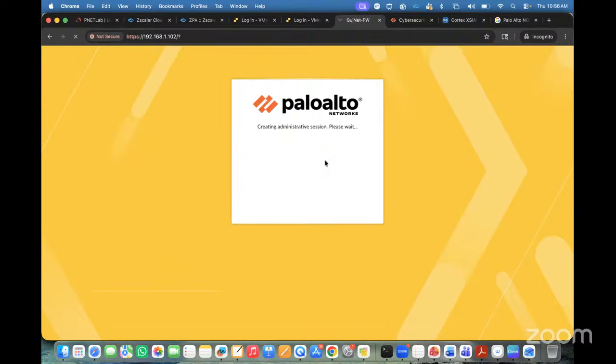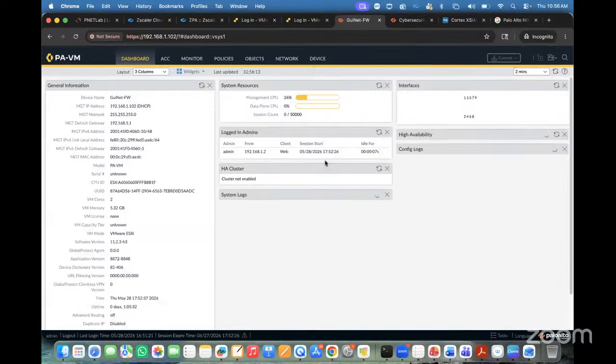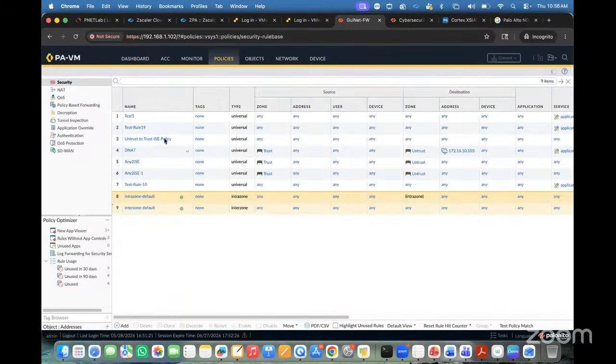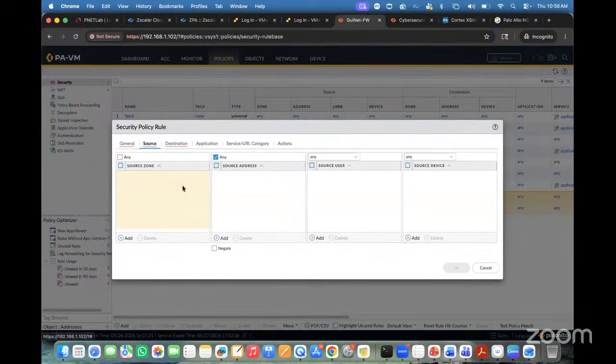If I go here and you check that, in the policy section we don't have just the option to map the source IP. You can say source user. Source user is basically AD-based integration. If AD is integrated, all my source user groups are going to be visible here, and based on the groups like HR and IT, I can create the policy.